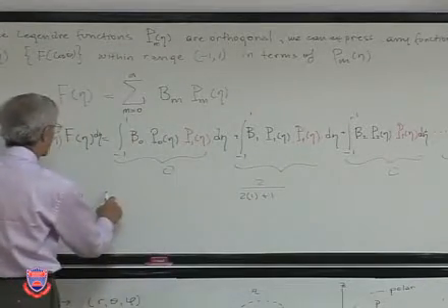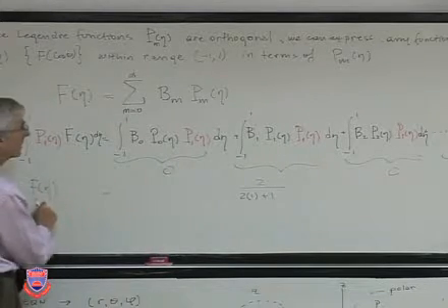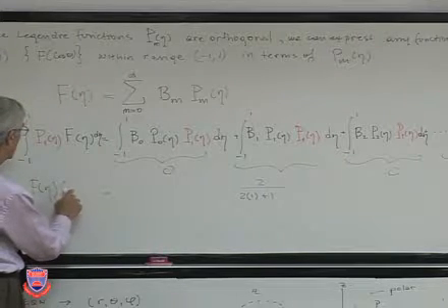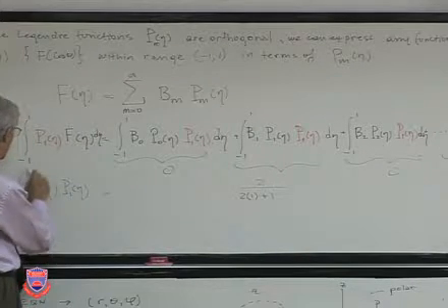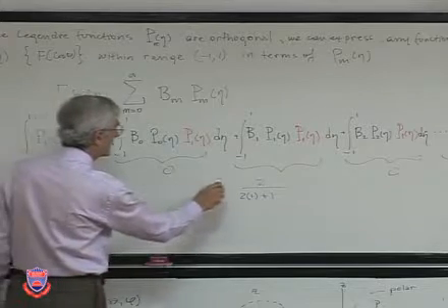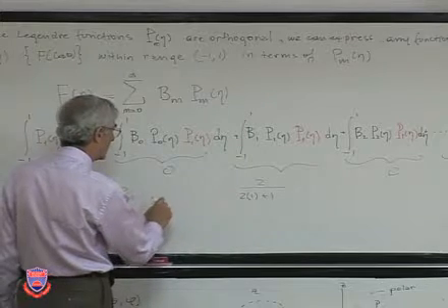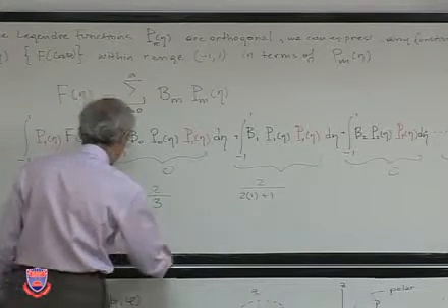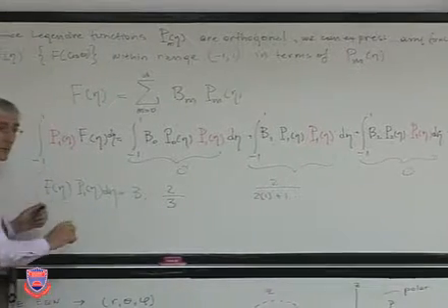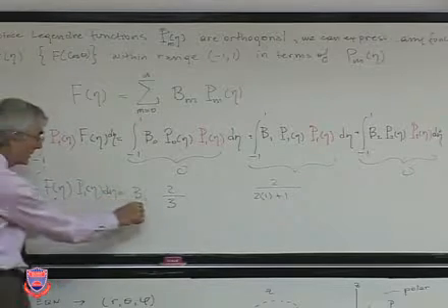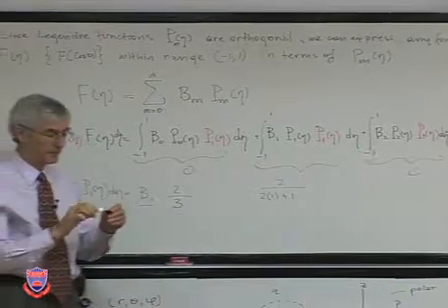Okay, now let's go over here. We have now, this then gives us B1 times 2 over 3. And from here, since we do know what f of eta is, you integrate this and you have the value of B1.